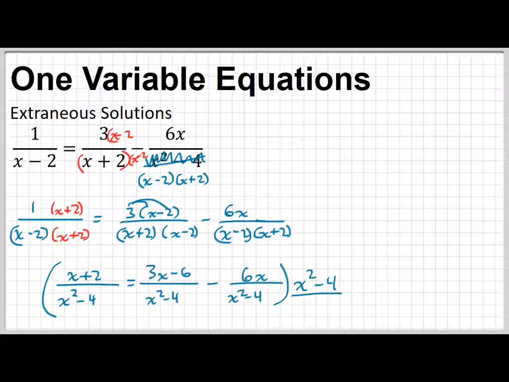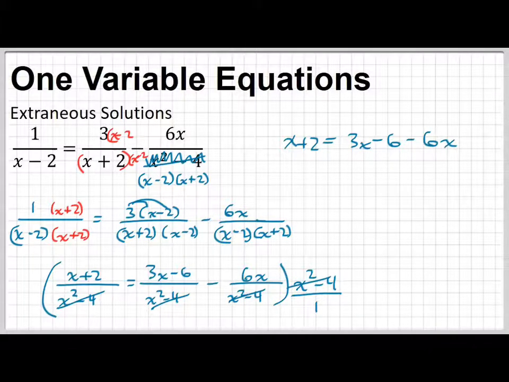And the beauty about this is that whenever you multiply each of these terms, since the numerator is the same as the denominator, they cancel each other out. And so then all these all get canceled out, and you're left with x plus 2 equals 3x minus 6, and then you have a minus 6x.